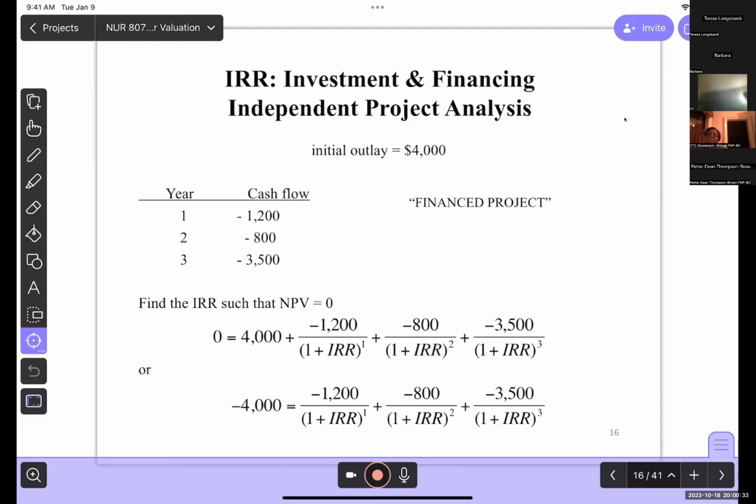So in this case, what's the guess? Between 10 and 15. Yeah, but how do you put that in Excel? Well, let me write it up first.